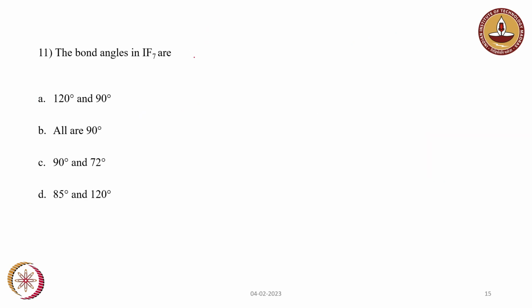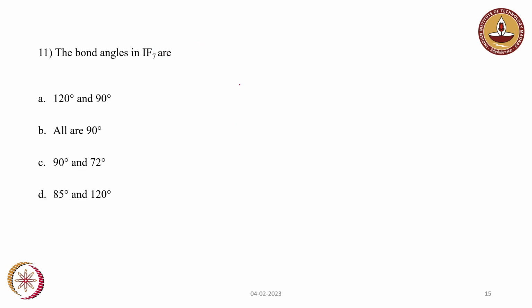Moving on to the next question: the bond angles in IF7 are 120 and 90, all are 90, 90 and 72, and the last option is 85 and 120. From VSEPR theory, we'll be able to find the geometry and structure of IF7.